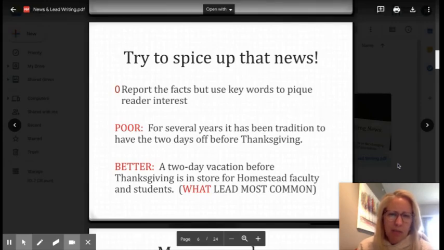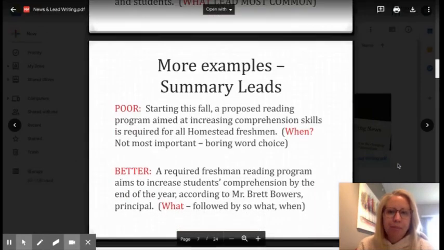For several years doesn't really catch that much attention. Instead, a 2-day vacation before Thanksgiving is in store for Homestead faculty and students might pique more interest. So again, they're leading with the what, a 2-day vacation. People want to know about that rather than for several years it has been tradition, okay? So really pay attention to the first 5 words that you're using in your lead.